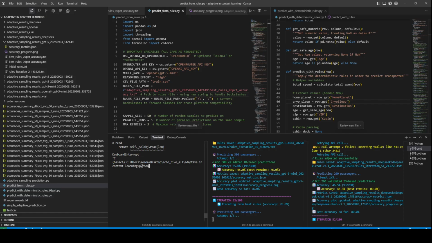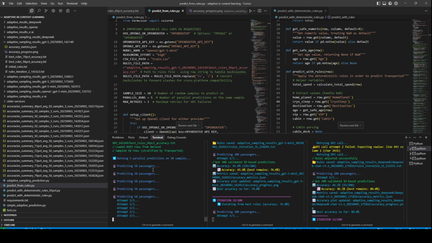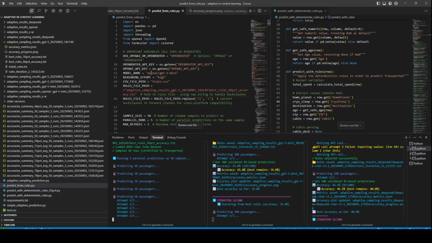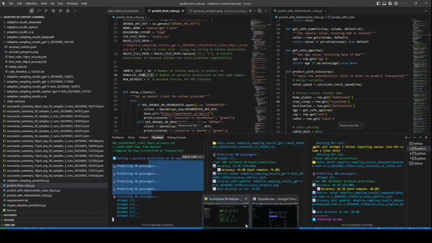Here I'm going to say python predict from rules, and this will actually predict 50. It's going to pick 50 samples randomly for five parallel runs. So we are predicting 250, 50 from all across the data set to get an idea of overfitting.